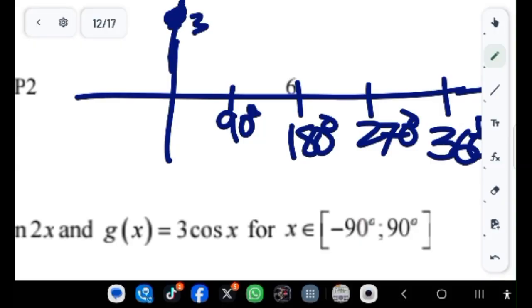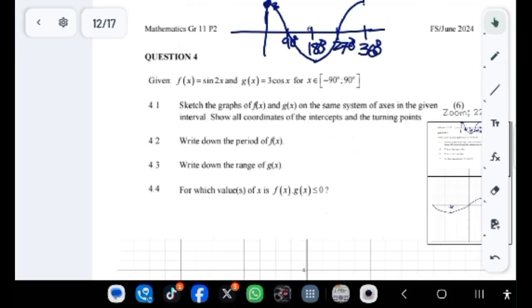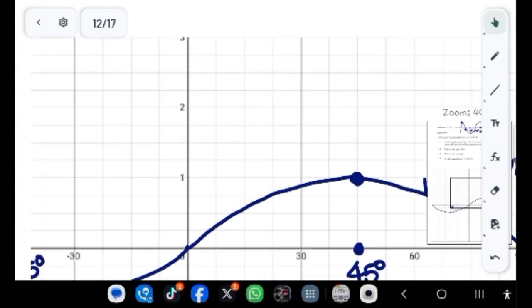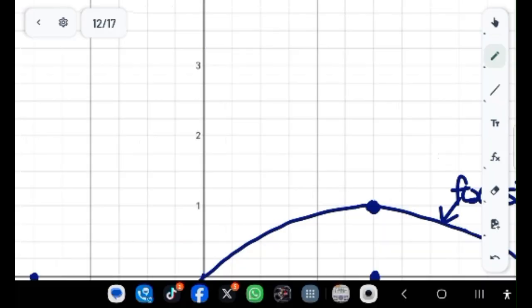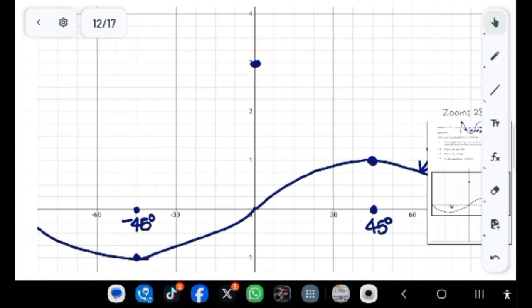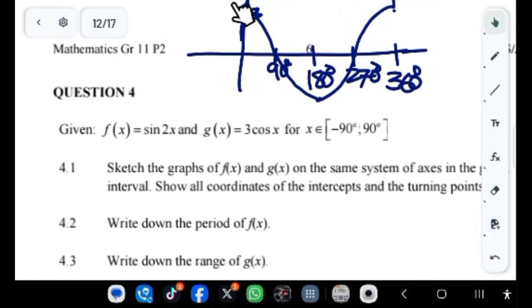90 degrees will be, okay, and then it will be looking at, this is what it will do. Between 0 and 90 degrees, it will be just going down from 3 all the way to 90 degrees. And then on the other side, it will be going down.